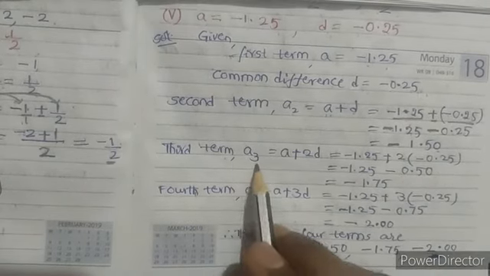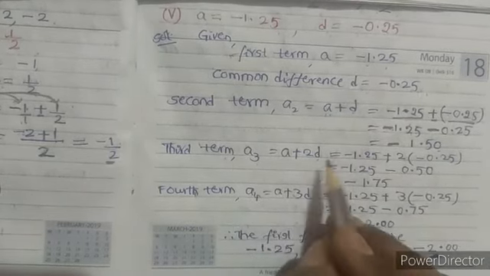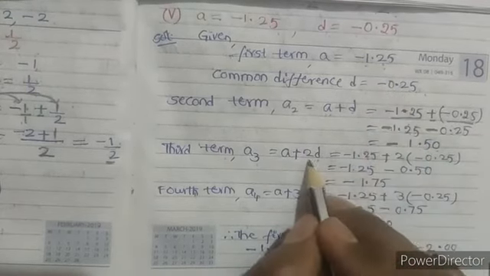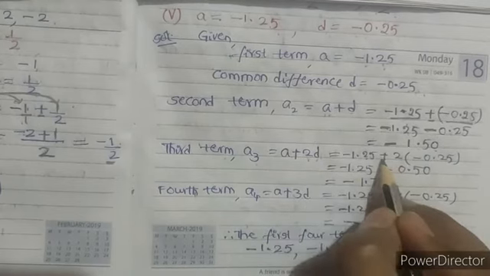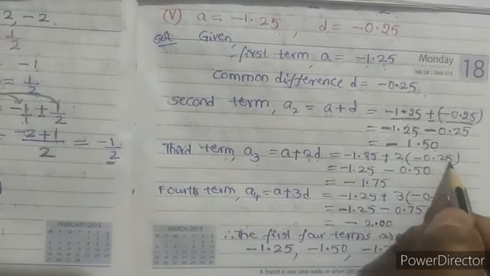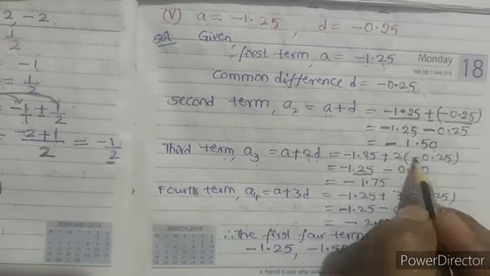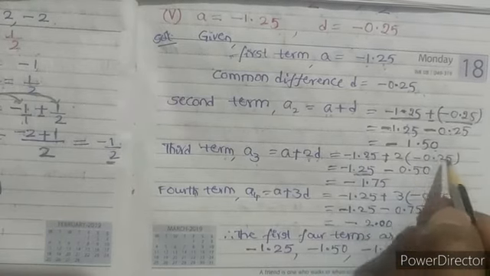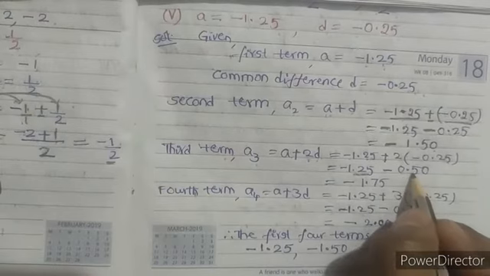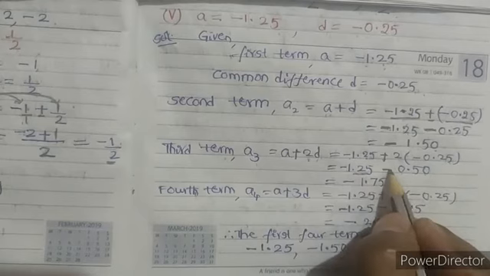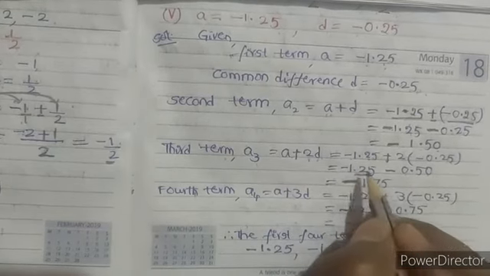Third term A3 is a plus 2d. A value is minus 1.25, given here. 2d, 2 into d value, 2 into d value is minus 0.25. Minus 1.25 same, plus into minus, that is minus 2 into 0.25 gives 0.50. Both are negative, so we will get a negative answer.